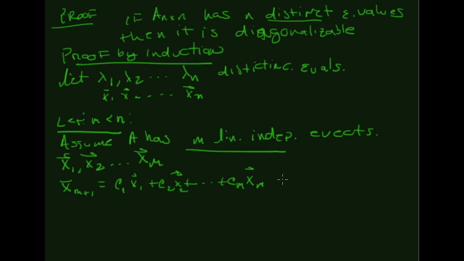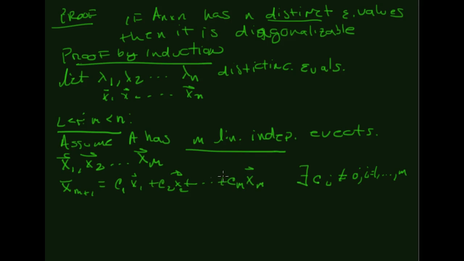And there has to exist a ci that does not equal 0, where i is somewhere between 1 and m. So one of these coefficients has to be non-zero.